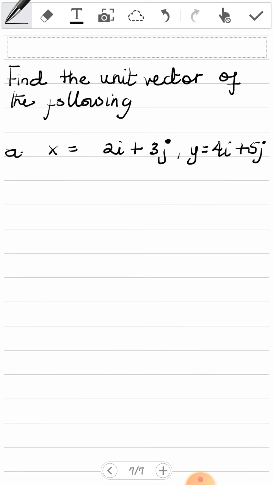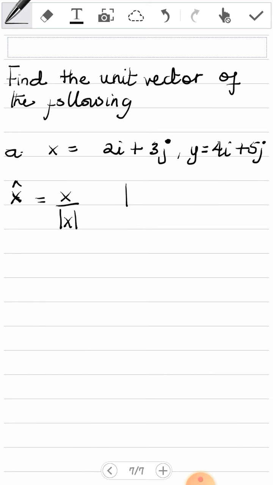I hope you understand. So check the way I do it. So unit vector for x is x cup, which is equal to x over the magnitude of x. So that means you have to find the magnitude. So it's good we learned magnitude in the earlier slides.